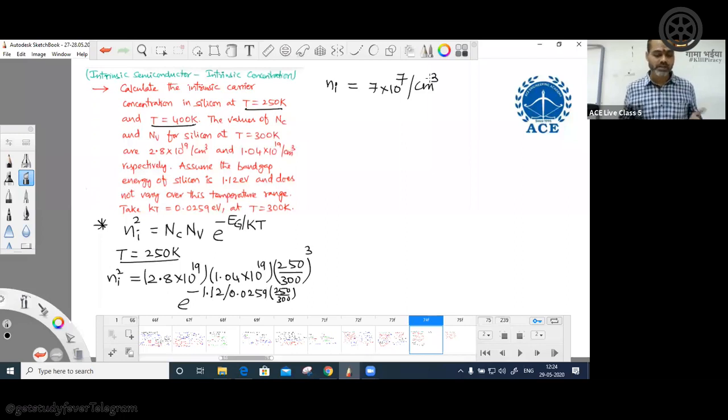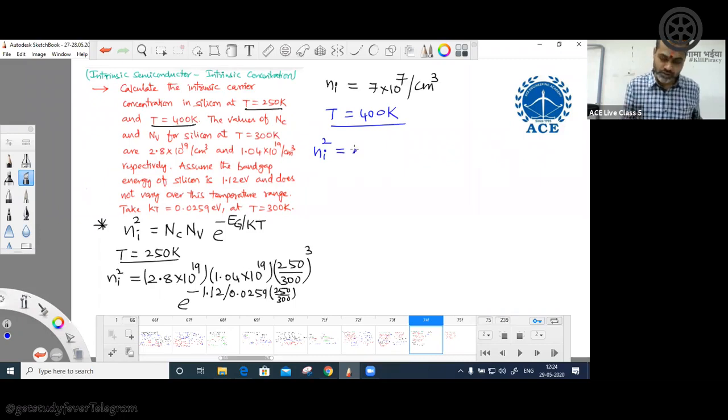Now in the similar way, try to calculate at 400 Kelvin. Let us consider T is equal to 400 Kelvin. Now Ni square is equal to again Nc Nv, proportional to T cube.